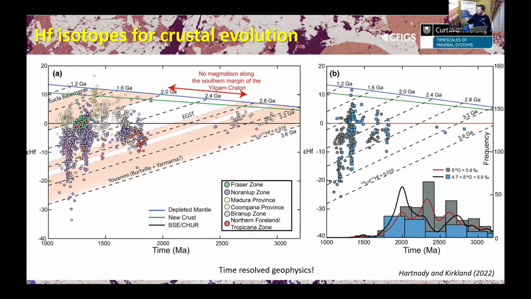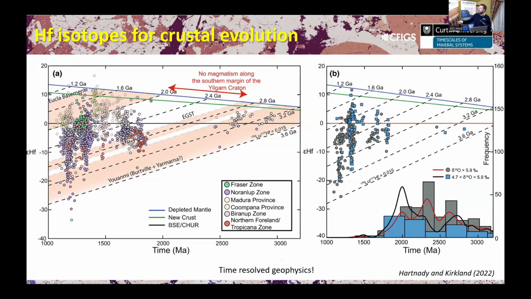We can go even further with that. So what we can do is, at the same time as looking at our hafnium isotopes that are telling us about this pattern, we can look at oxygen. Oxygen, remember, tells us about how deep we are in the crust, right? Where we're near in the shallow crust, we're interacting with the hydrosphere. When we're interacting with the hydrosphere, we get a different oxygen isotope signal.